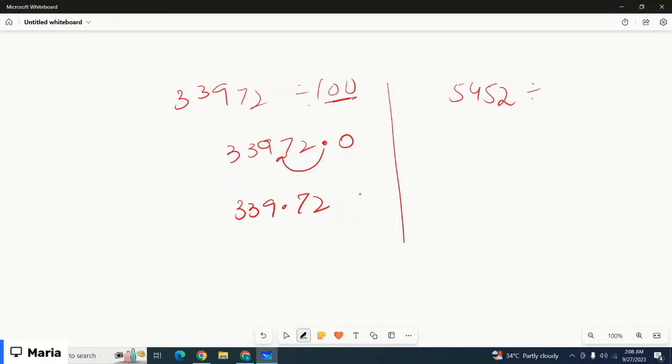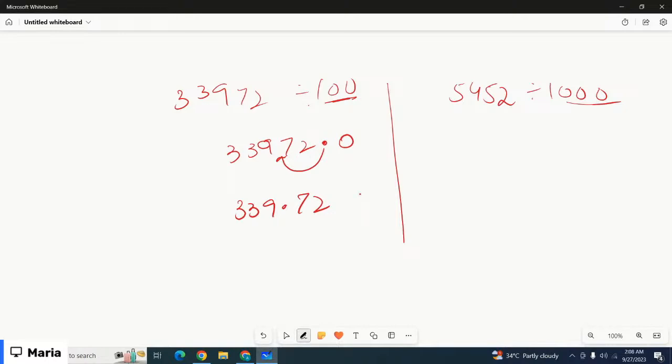Okay, the next one is 5,452 divided by 1000. So how do you divide? Which is the correct option? Here you have three zeros, right? So you have to move the decimal point how many places?